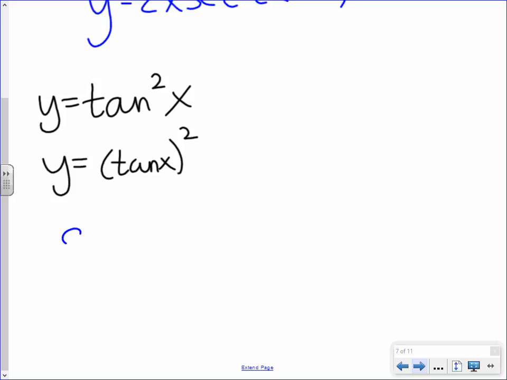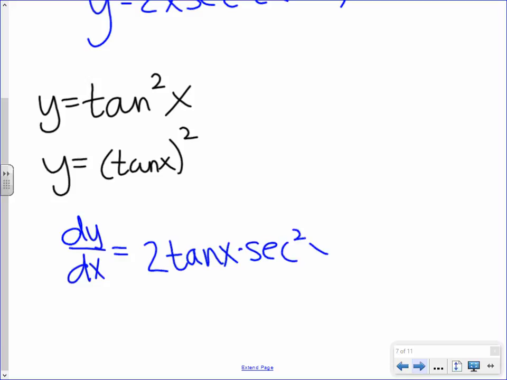So tangent right now is our inside function, where the power rule is like our outside function, like the x squared. Something squared is our outside function. So we have to take the power rule first, multiply the power, subtract the power by 1, and then we can multiply by the derivative of the inside, secant squared x.